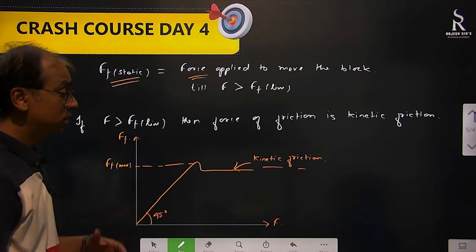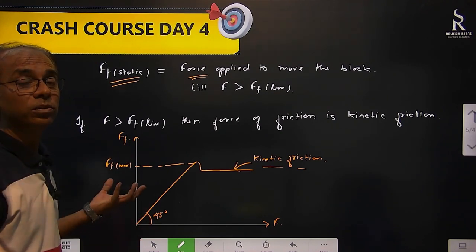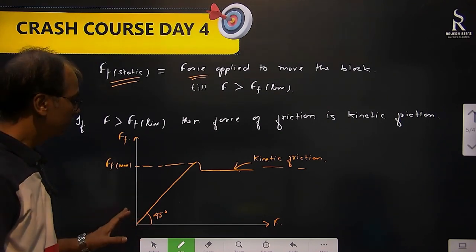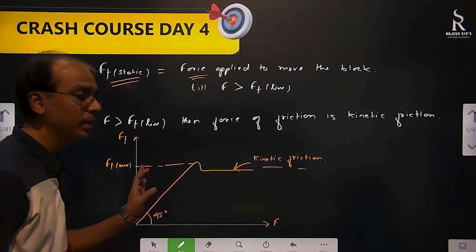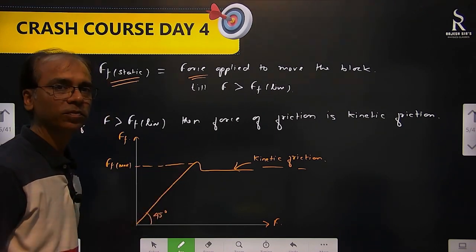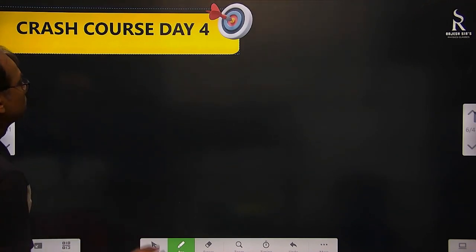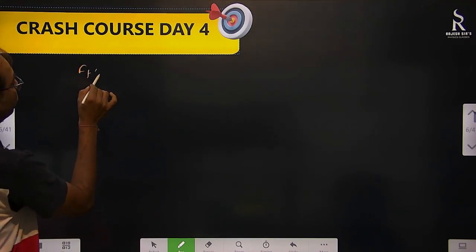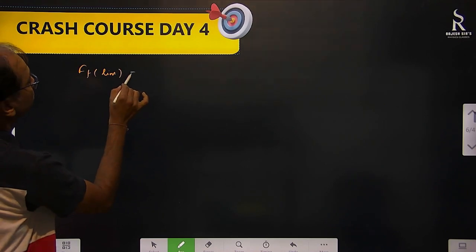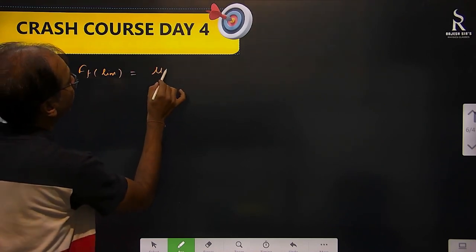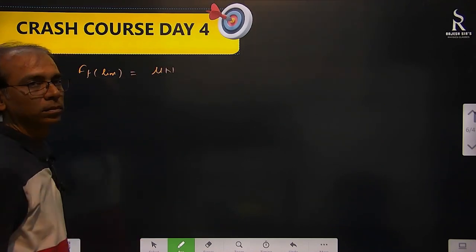Now let's see how to find maximum value. This all we know, that how much force you are applying, that only is friction. But how to find maximum value? What is maximum value of static friction? Force of friction limiting is equal to mu n. What is n?